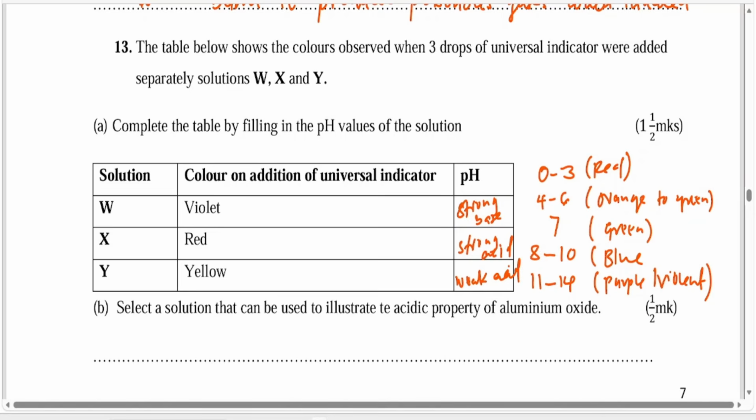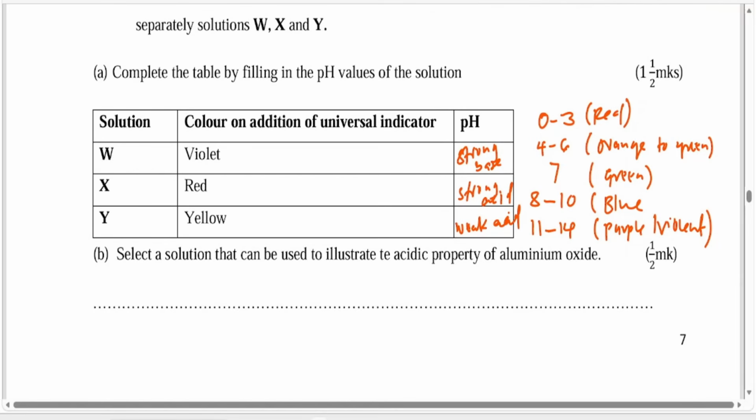So select a solution that can be used to illustrate the acidic property of aluminium oxide. Aluminium oxide is one of the amphoteric oxides. First of all, we need to understand that aluminium oxide cannot dissolve so that it can show its pH value, because it is insoluble.